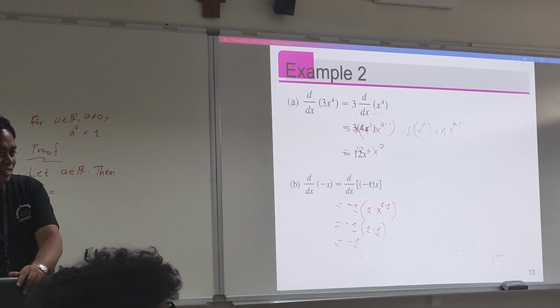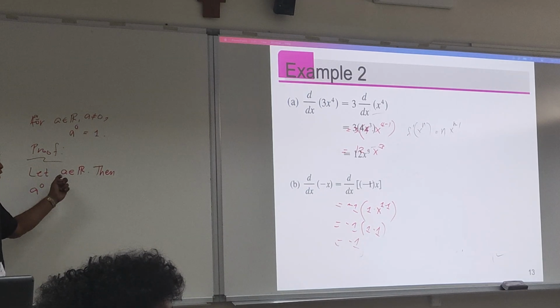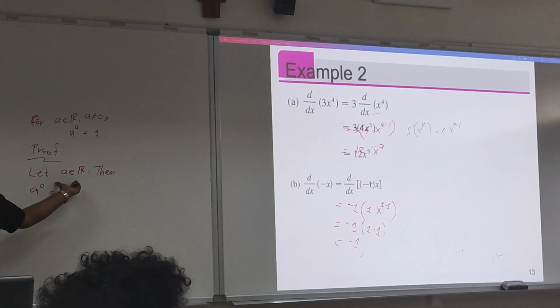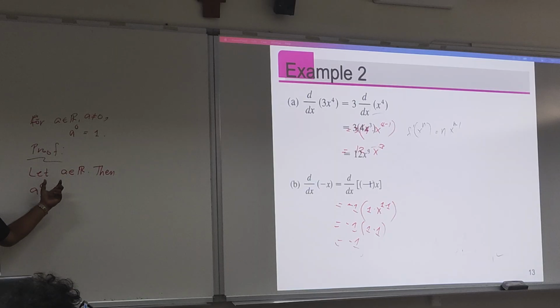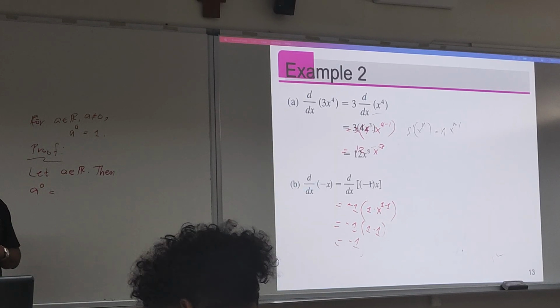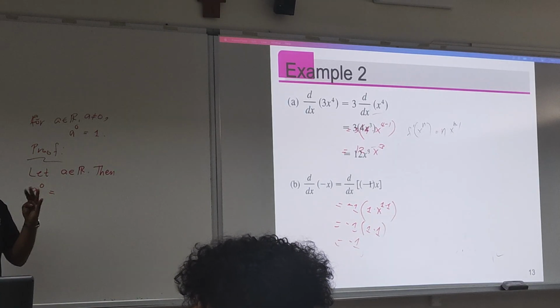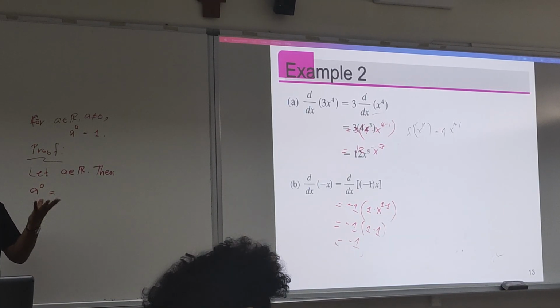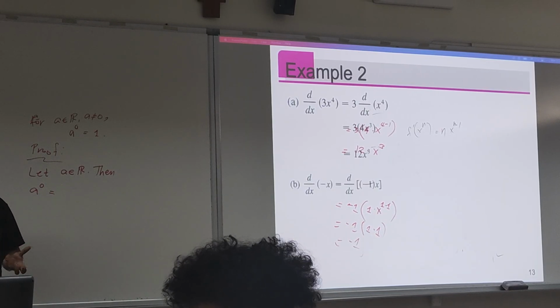So you can get 0 if you are subtracting the same exponents. How do you get 0 by subtraction? 1 minus 1 is 0, 2 minus 2 is 0, 3 minus 3 is 0, 4 minus 4 is 0, 5 minus 5 is 0. As long as the numbers are the same, the subtraction is always 0. Right?